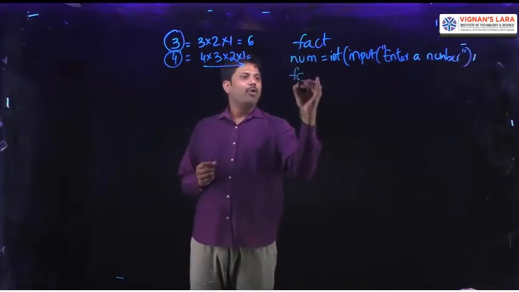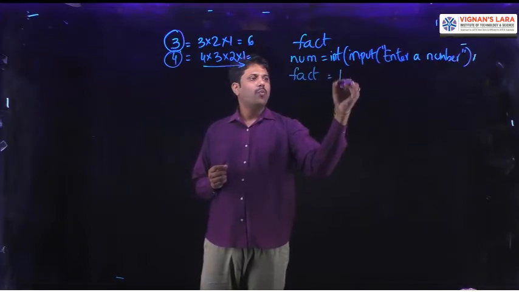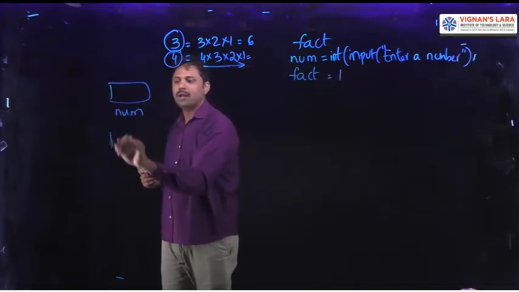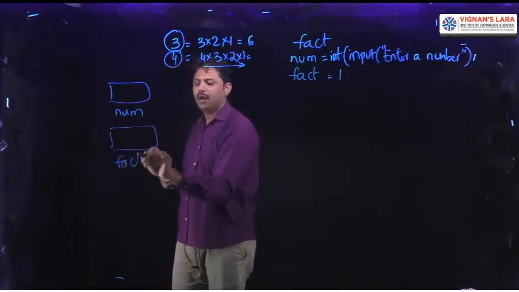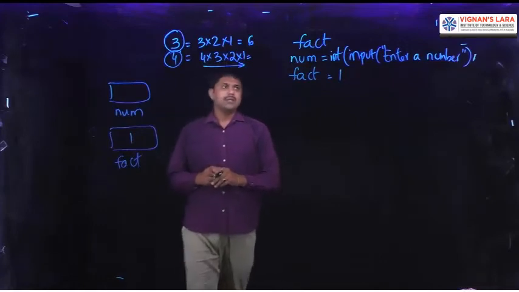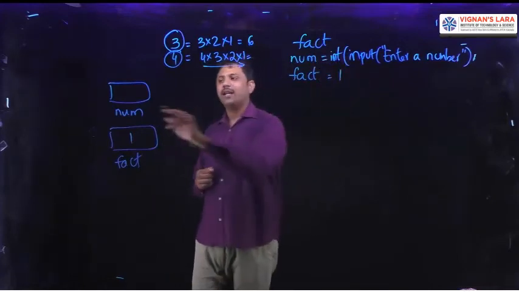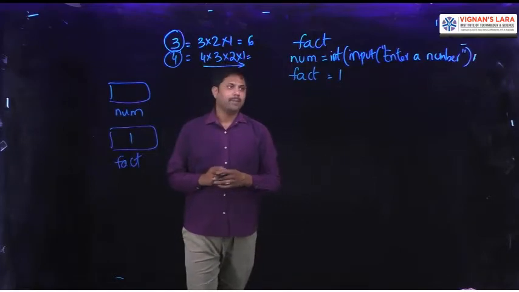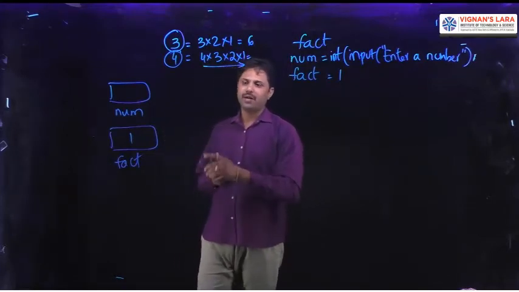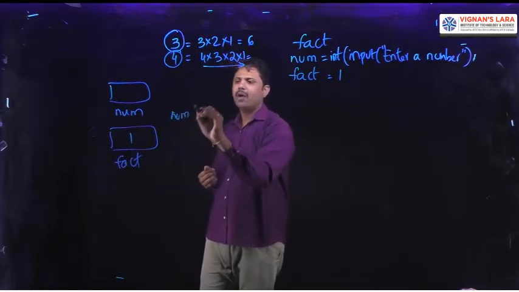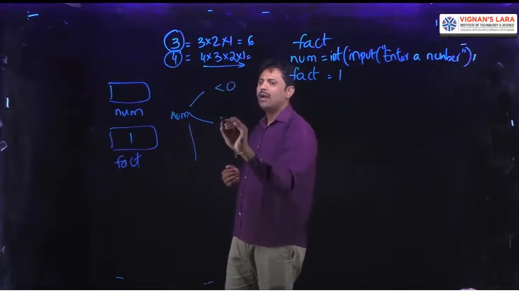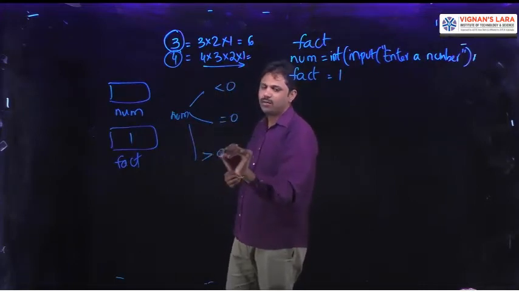I'm taking one more variable, fact = 1. Now I have two variables, num and fact. Num is empty and fact contains 1. If you give some input, that input is stored in num only. To find a factorial for a number, we have three different situations: less than 0, equal to 0, and greater than 0.